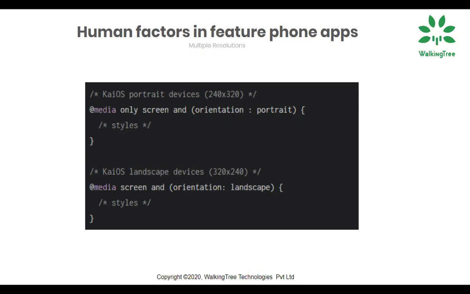Right now, KaiOS supports two resolutions: portrait 240 by 320, and for landscape devices 320 by 240. As KaiOS does not support any specific or official framework like Angular Material, they suggest taking care of the implementation by utilizing media queries.